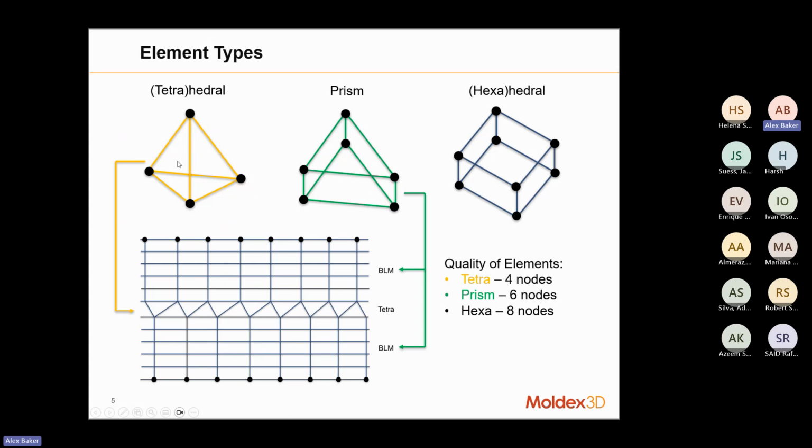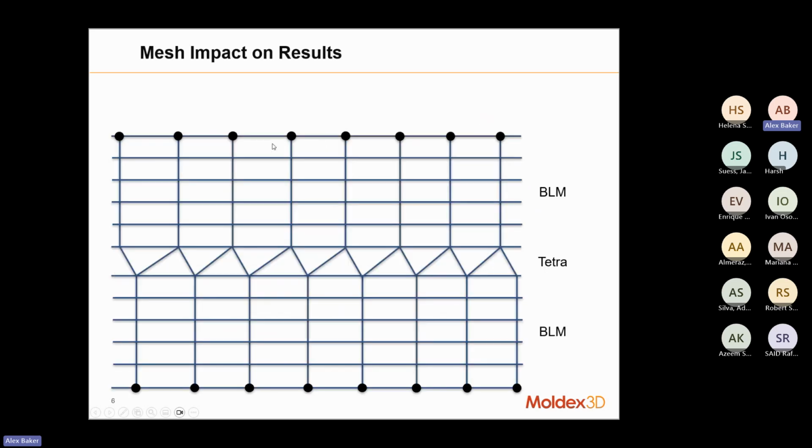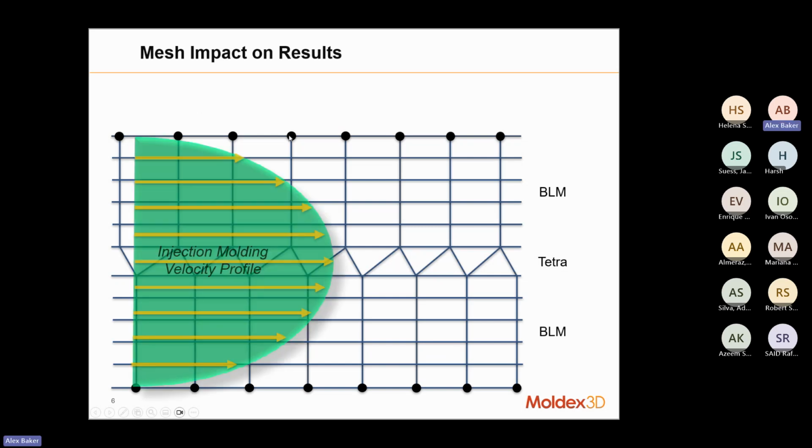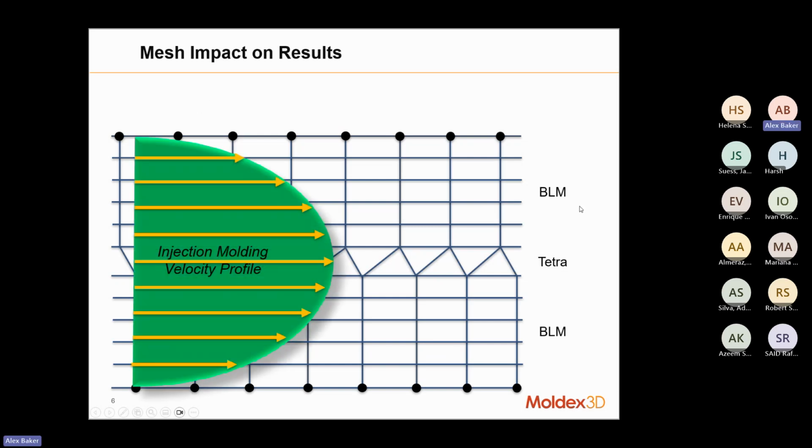So we have four nodes over here, 6 nodes in the prism element, 8 nodes in the hexahedral element. So hexahedral elements end up being the highest quality, followed by prism, followed by tetra. And that's really good because these boundary layer elements are actually used to calculate a majority of the information.